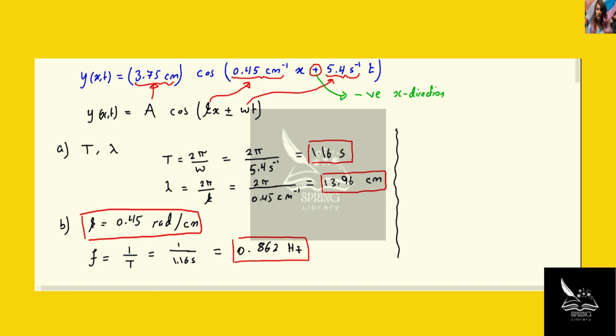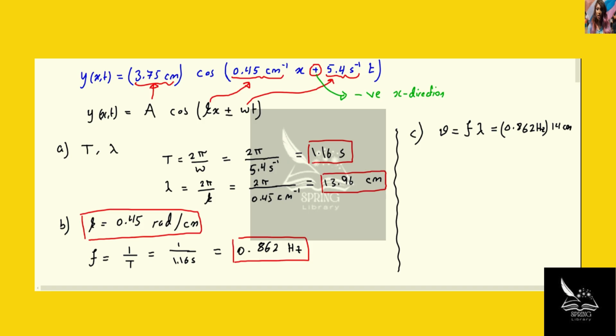The last part C is asking us to find the speed of the wave at that point and the maximum speed of this wave. To find the speed at that point, we'll write v is equal to frequency multiplied by lambda, as we did before.